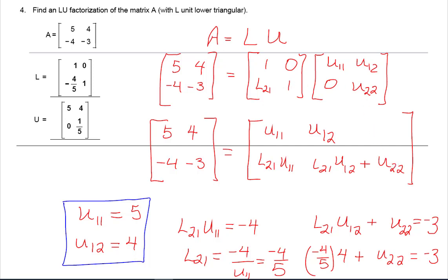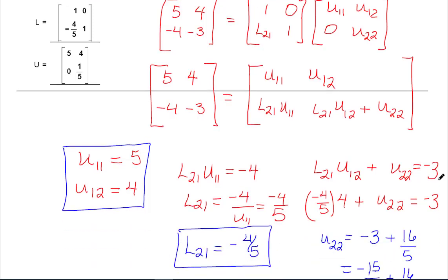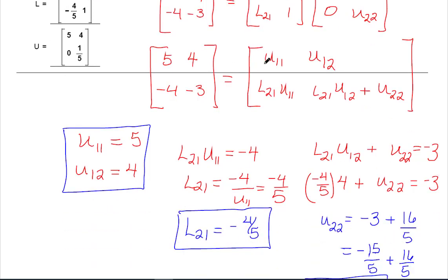And now simply match everything up. Well, u11 is 5. u12 is 4. Now we come to this product, which must be minus 4. But I know u11 is 5.